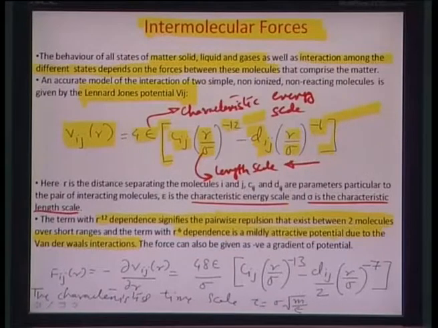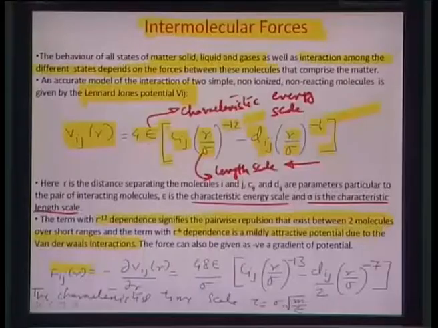Also, what is interesting for me to tell you is that, as you know, the force in between these two systems i and j is also represented by a negative gradient of the potential between the two systems. So we can calculate Fij, the force, as minus dVij by dr, where r is the intermolecular distance between these two molecular systems.